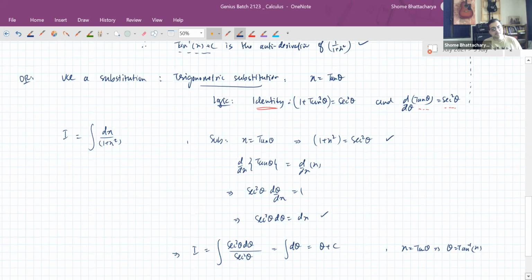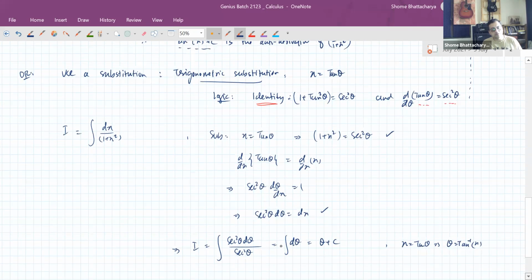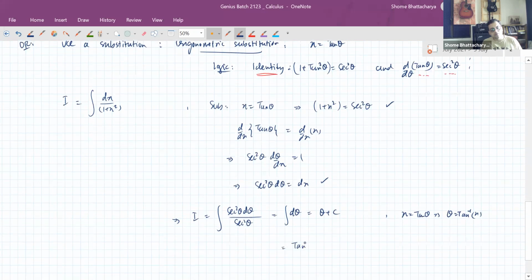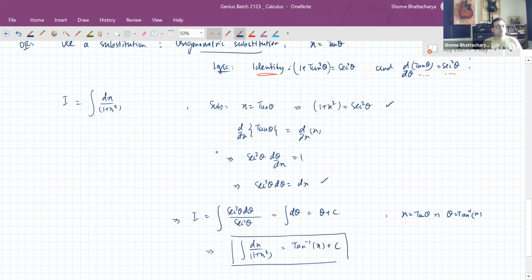So as you can see, the antiderivative of this comes out to be tan inverse x plus c. Okay. So this integration, which was originally this, becomes like this. So this is the substitution method of doing it.